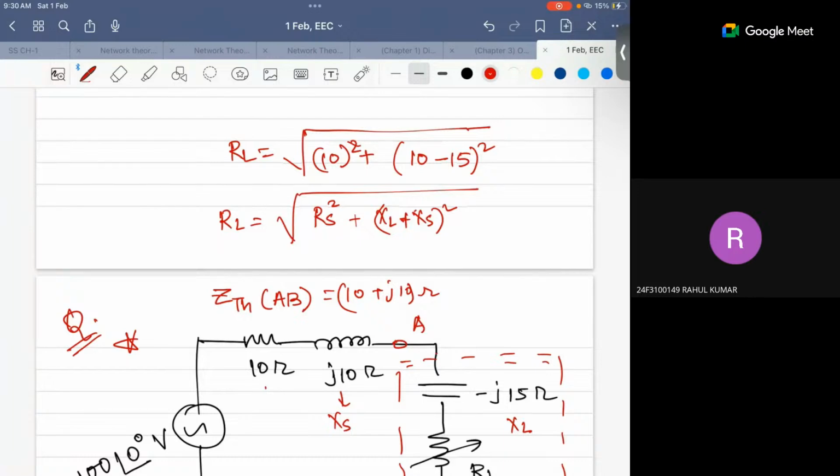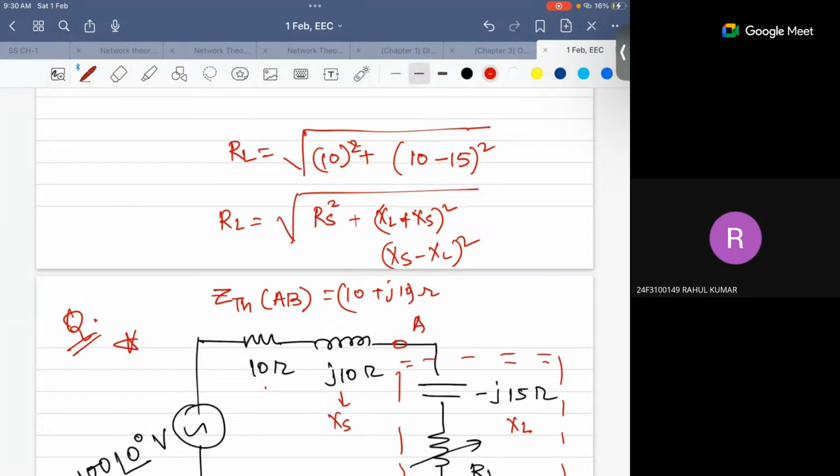See, there can be two conditions. If you are taking XL minus XC whole square, then in that case your XL will become 15.